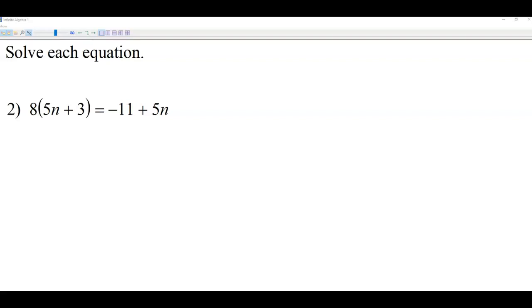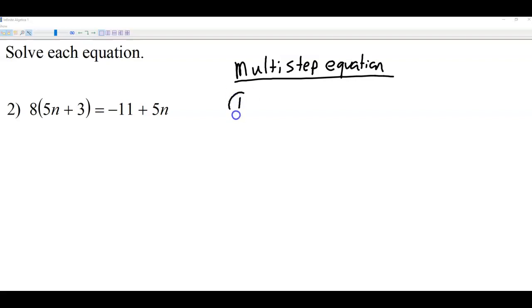All right, so now this is what we call a multi-step equation. The goal is we want to solve for the variable. So typically, if possible, so I'll put a question mark after it, but if possible, distribute.